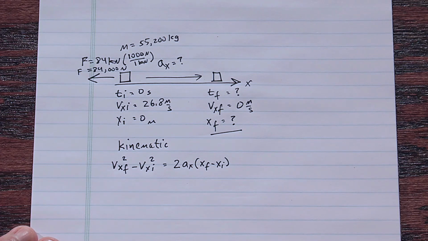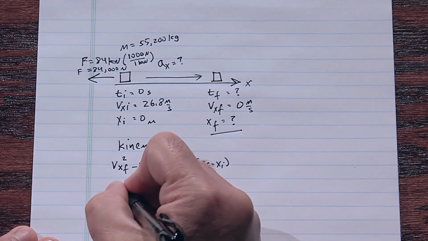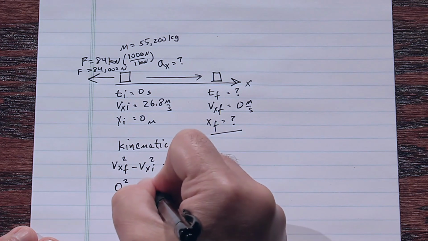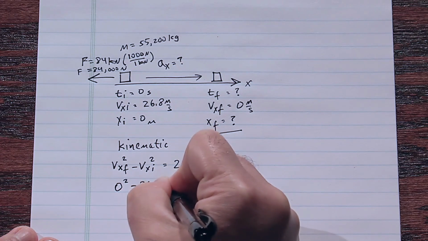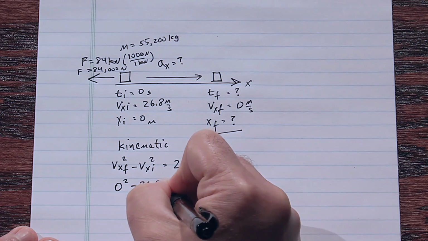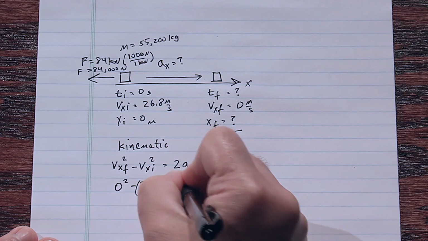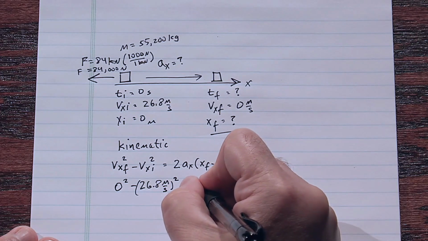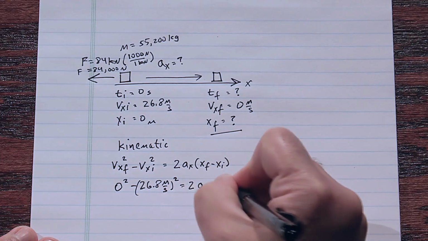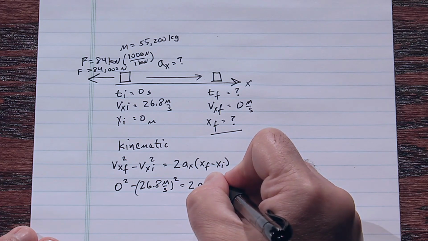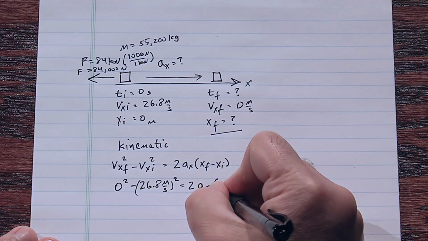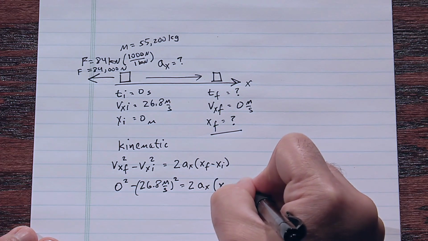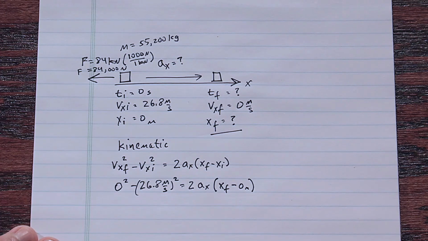Let's see what that will do for us. Vx final we know is 0 minus Vx initial of 26.8 meters per second squared, is equal to 2 times the acceleration in the x direction times x final minus x initial, which is 0 meters.